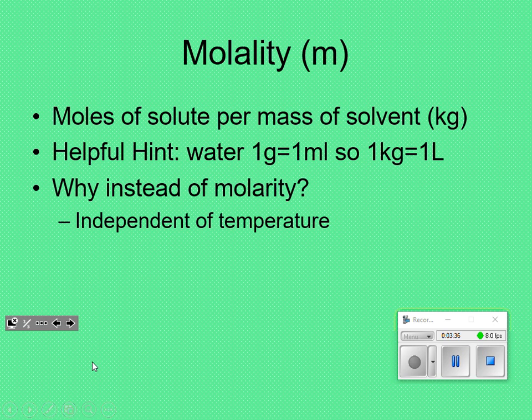The volume can. Typically, when you increase temperature, volume gets larger. When you decrease temperature, volume gets smaller. So in other words, if we are dealing with things at extremely high or extremely low temperatures, that would affect the molarity because the volume would change. Now you're dividing by a bigger or smaller value. On the other hand, mass, kilograms, is independent of temperature.